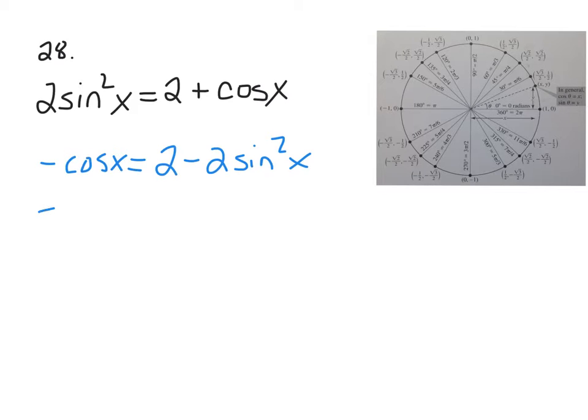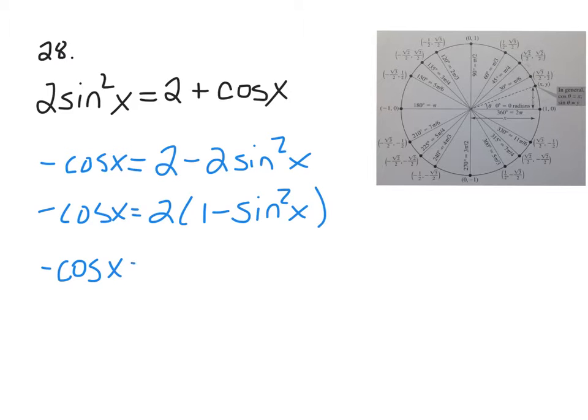And then I'm going to take a 2 out, because I know 1 minus sine squared is cosine squared. Okay, and I guess there was no need for me to move the cosine x to the left-hand side, because now I'm just going to add it back to the other side, but it seemed right at the time.